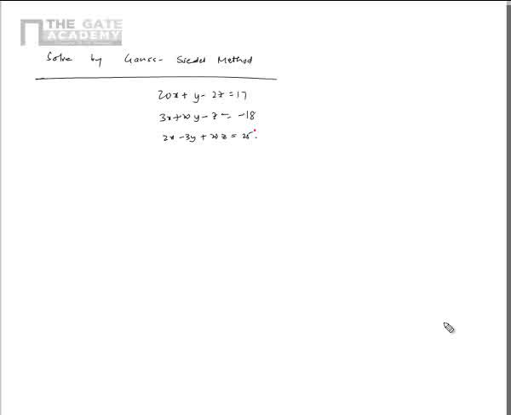These three equations you have to solve using Gauss-Seidel. Let me rewrite these equations in terms of x, y, z. The first equation becomes x is equal to 1 by 20 into 17 minus y plus 2z.